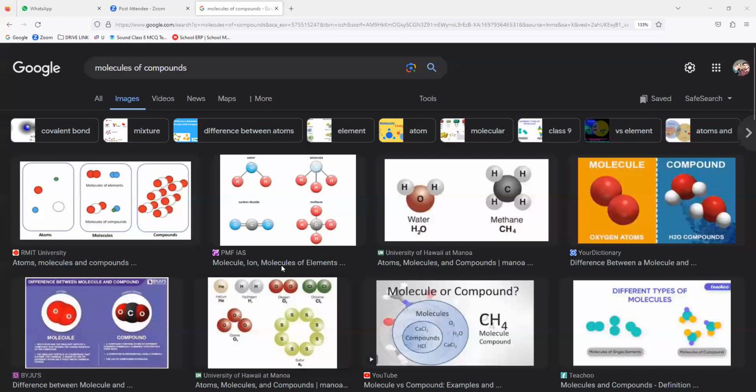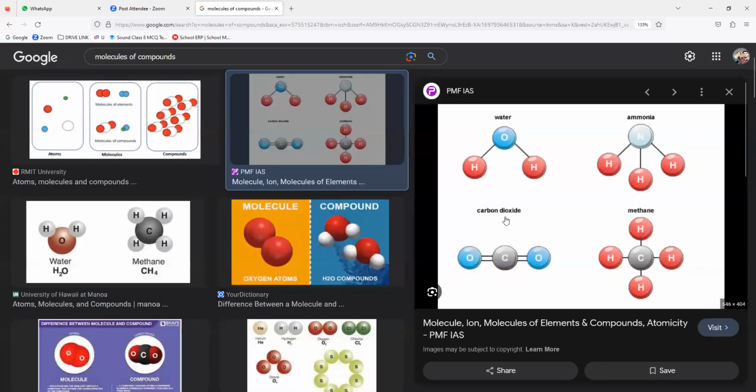For example, here you see oxygen combining with two hydrogens, water. Nitrogen combining with three hydrogens, ammonia. One carbon combining with two oxygens, carbon dioxide.